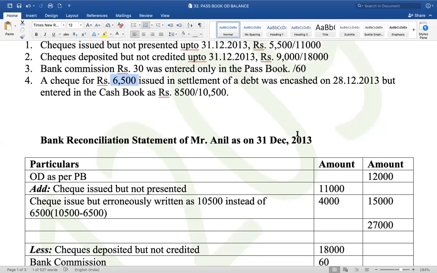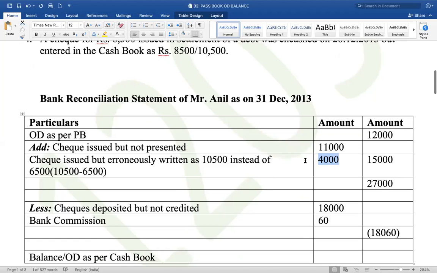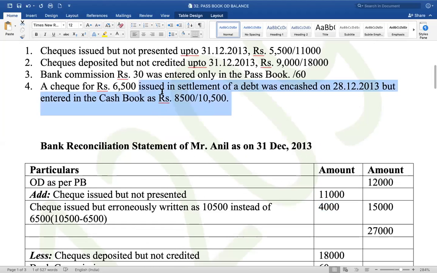So to reconcile both the books, the overdraft as per passbook is shown less by 4,000 compared to cash book. This 4,000 you have to add. Check issued, but erroneously written as 10,500 instead of 6,500. The difference is added back to the overdraft of passbook. Okay, so that's the last transaction.